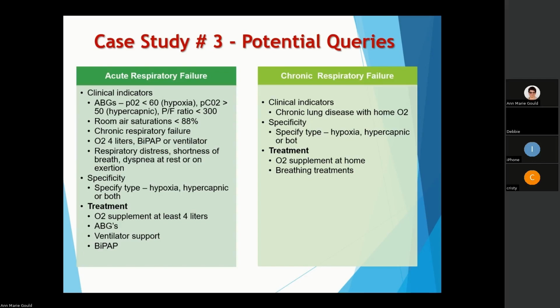I know some docs are writing it because they have chronic lung disease, interstitial lung disease, or end stage COPD and they're on home O2, but they don't wear it all the time. But they're writing that. So that's something that you may have to clarify as a clinical validation query.